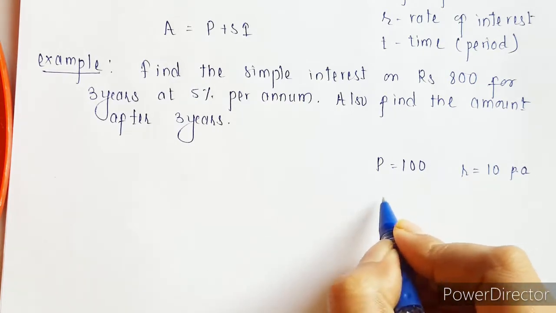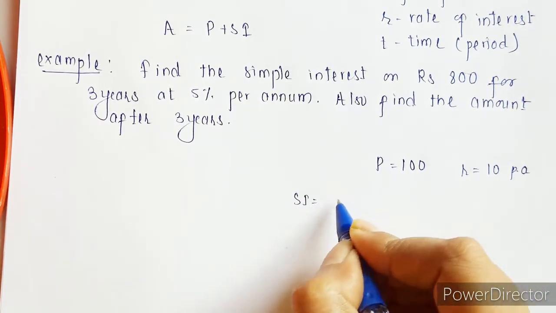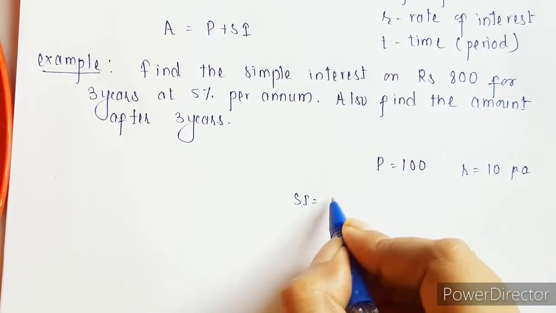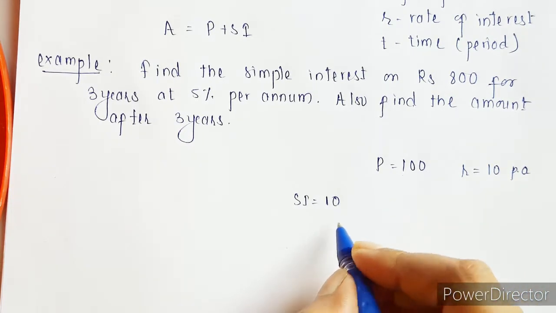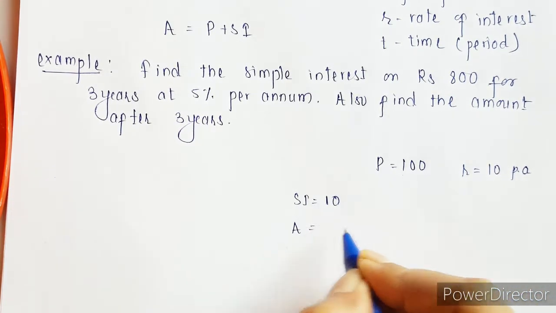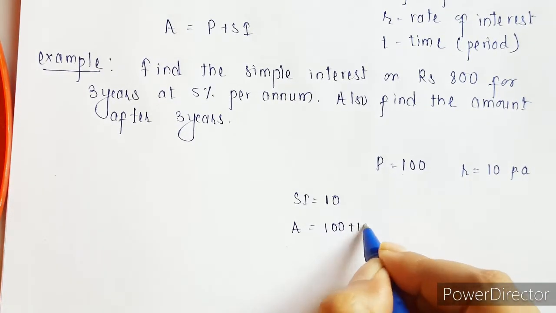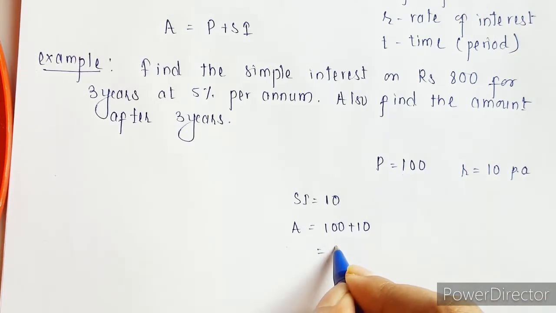The interest on this is going to be 10%, so we will be getting 10 rupees. So at the end of the year, what we have is the 100 rupees we had invested plus the extra 10 rupees we got as interest. So at the end of first year we have 110 rupees.